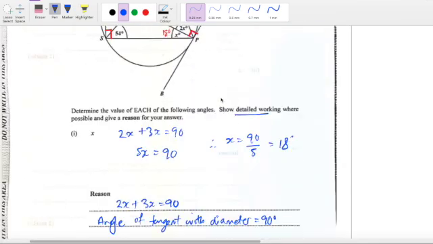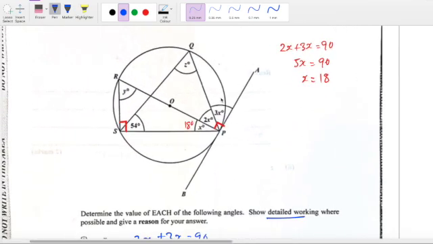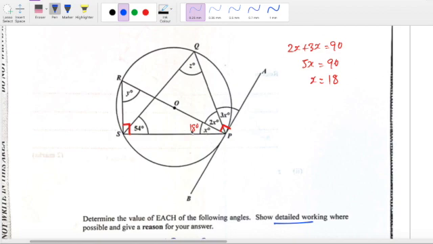So let's go back and check out this y and z thing. So if this is 18 and this is 54, then 54 plus 18 is 72, and 180 minus 72, this here is 108.